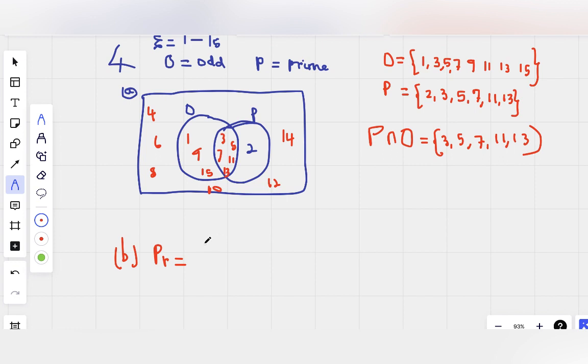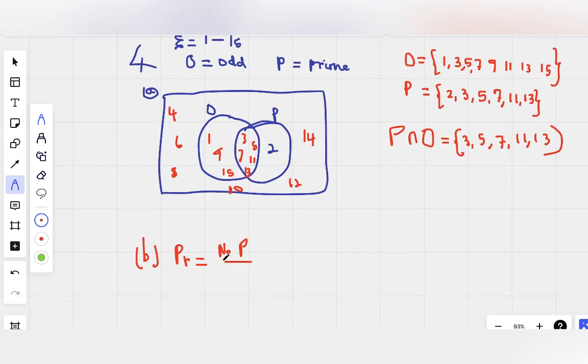Number of prime numbers over total, which means 6 over 15.